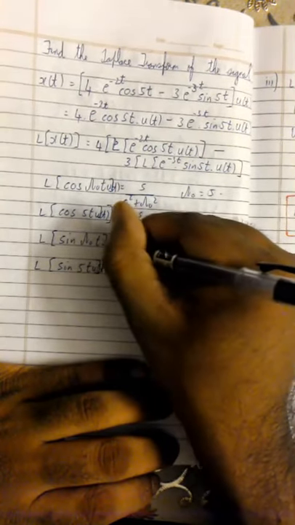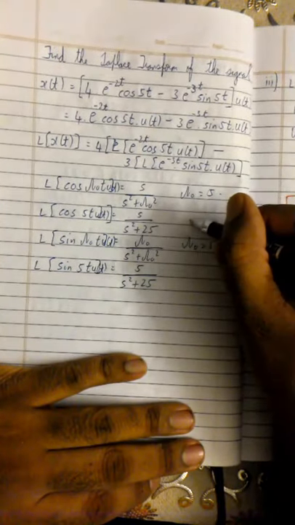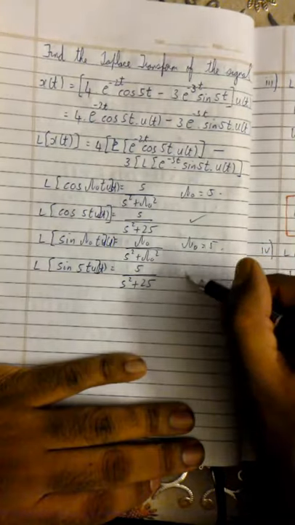So now I have found the Laplace transform of cos 5t into u of t and the Laplace transform of sin 5t into u of t.